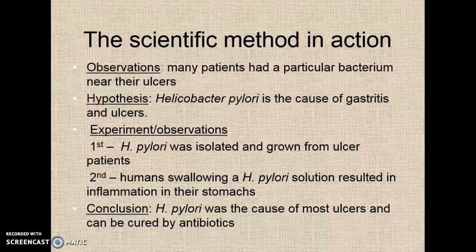He simply took a small amount of the bacteria that was being grown in the lab and swallowed it. A few days later, he started having stomach pain. He then went on antibiotics to kill off the bacteria that he put there intentionally, and he stopped having the pain associated with Helicobacter pylori. So the conclusion: Helicobacter pylori was the cause of most ulcers and can be cured by antibiotics.